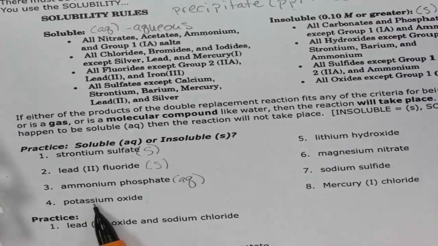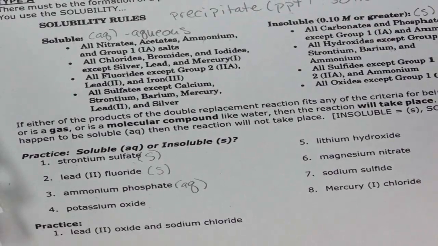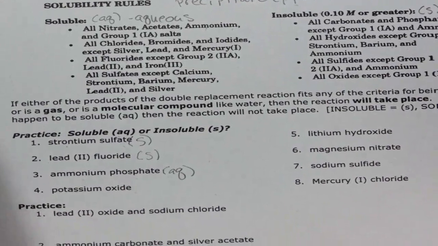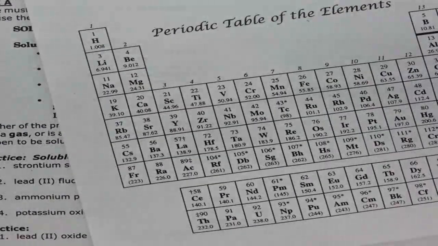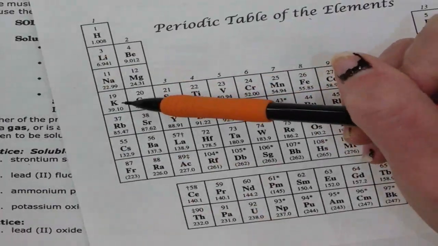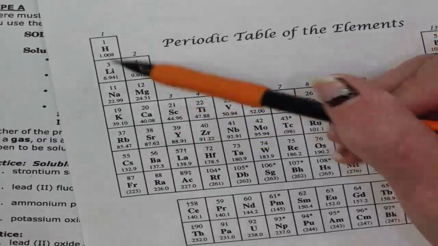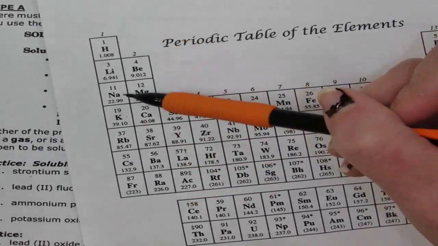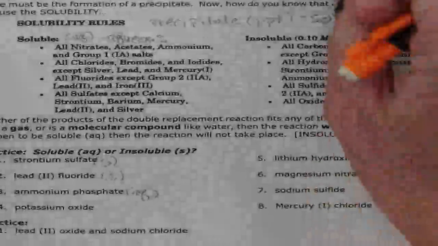Potassium oxide. Potassium is a group 1A. So here's potassium in group 1A. So it is soluble.